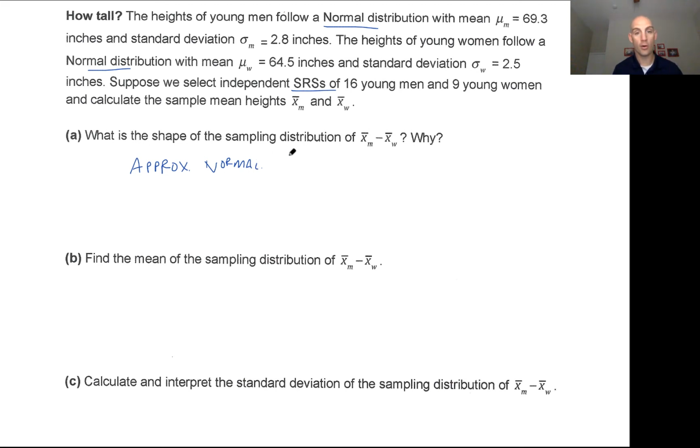Well, both distributions, the distribution for men and women, are normal.